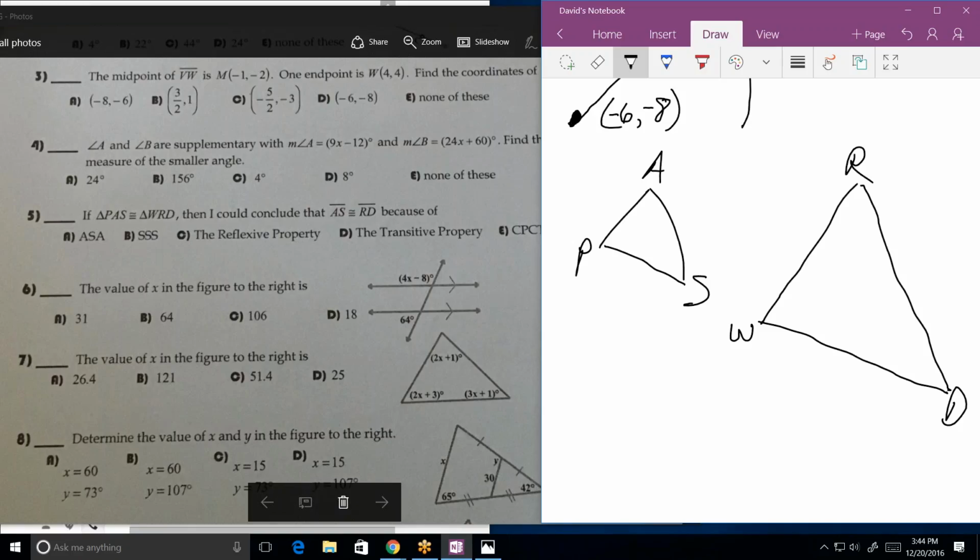So the only way that I know that PA is similar to WR is the naming convention. This is triangle PAS. This is triangle WRD.